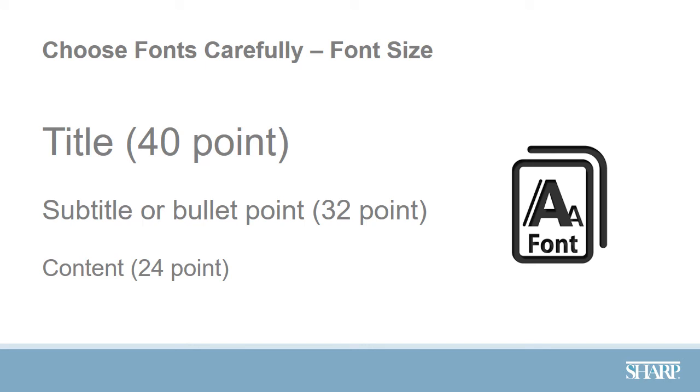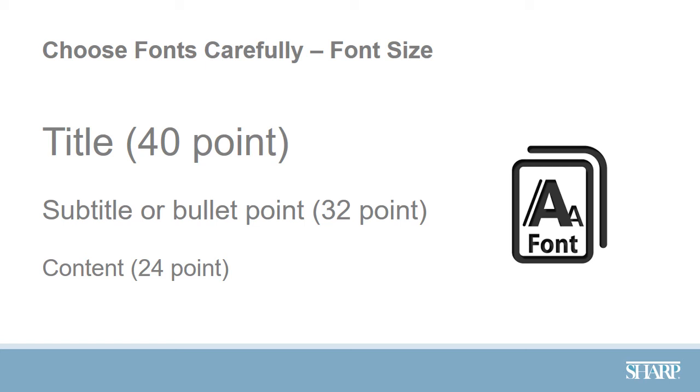Again, looking at fonts and readability, you want to make sure that you're using the right size. You probably could change these sizes plus or minus 2 points, but I wouldn't change them much more than that, because you have to remember that the person that's in that ballroom sitting all the way in the back needs to be able to read as well as the person that's sitting right next to the projector in front of the room and can see you smile as you present.